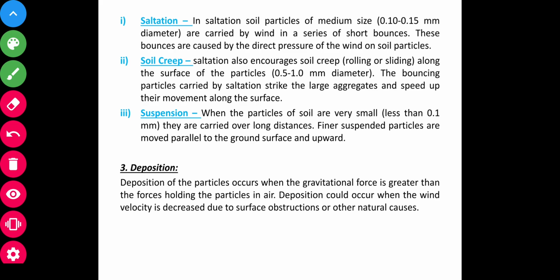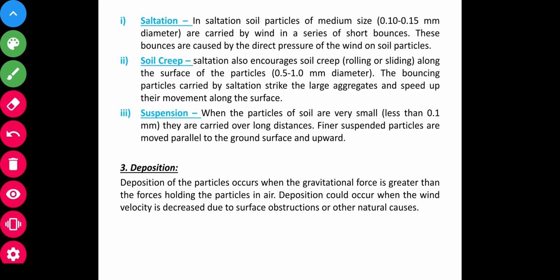Then next one is the surface creep or soil creep. Here the movement of soil particles takes place by the rolling or sliding of the particle over the land surface. That is, the movement is completely carried out by rolling or by sliding over the land surface. Such a movement of soil particles is called the soil creep or surface creep.